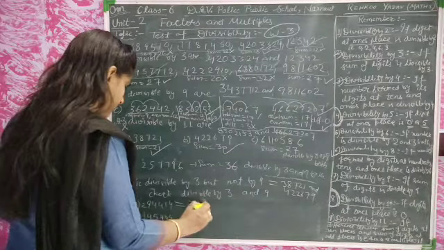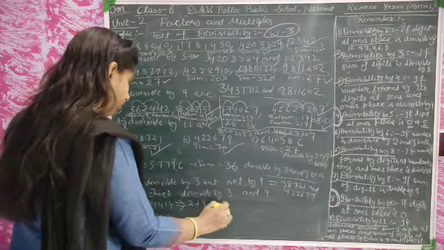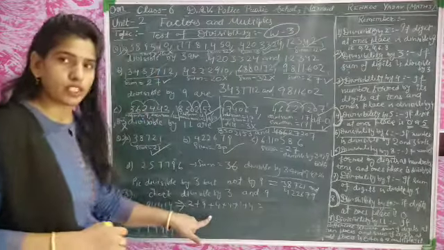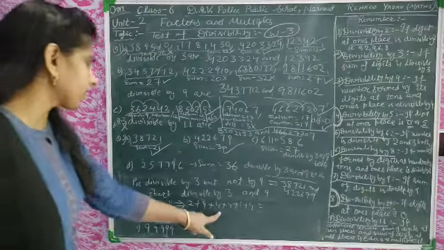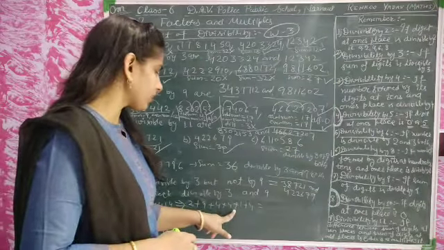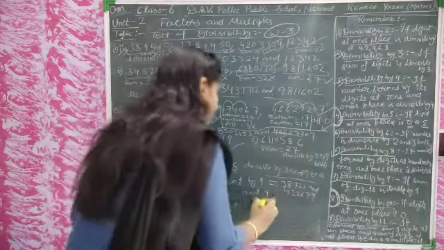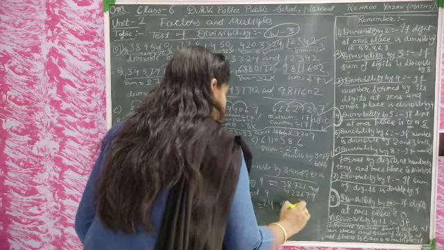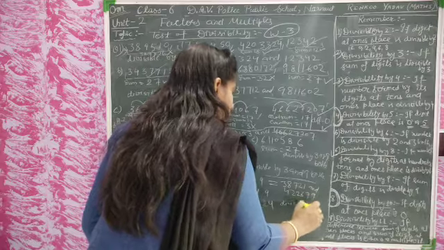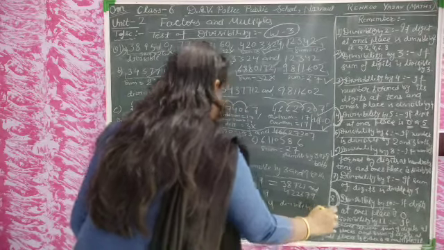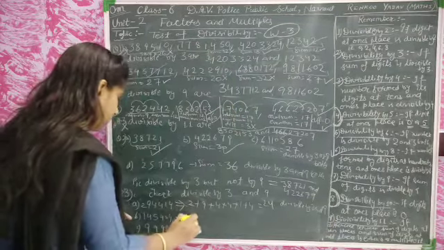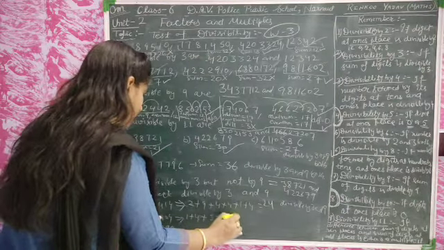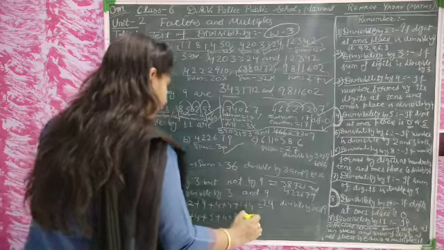2 plus 9 plus 4 plus 4 plus 1 plus 4. That equals 2 plus 9, 11. 11 plus 4, 15, 15, 4, 19, 20, 24. Yes, divisible by 3 and 9. Now let's check the next. 1 plus 4, 5, 5 plus 5, 10, 10 plus 4, 14, 14 and plus 4, 18.